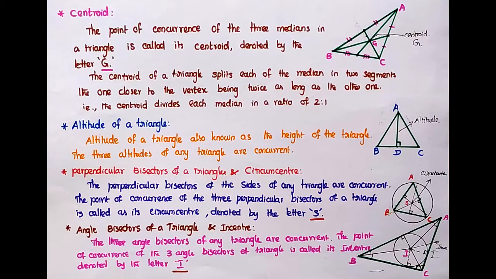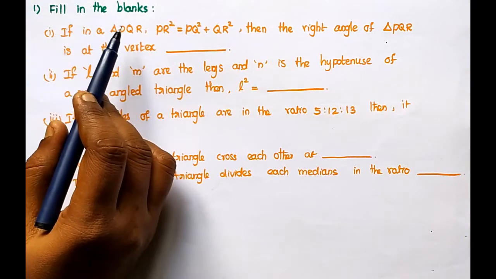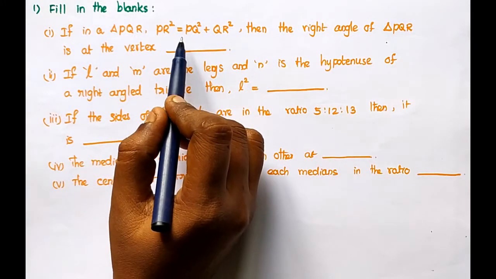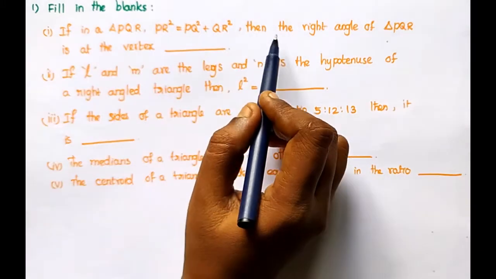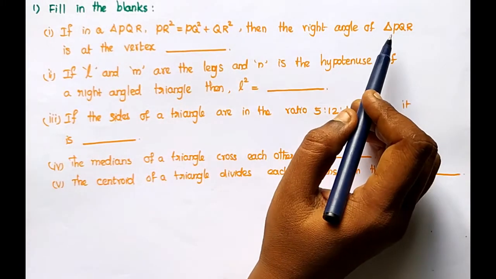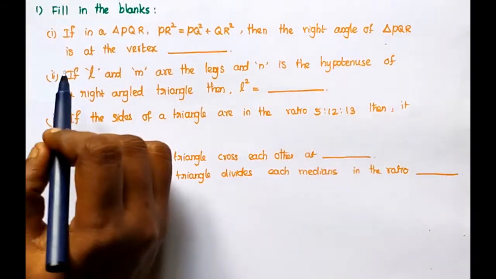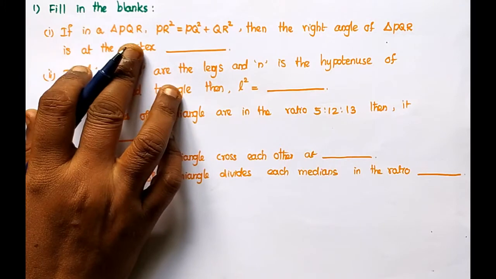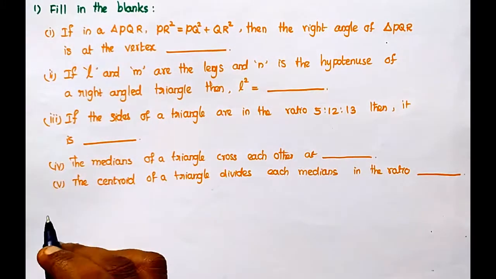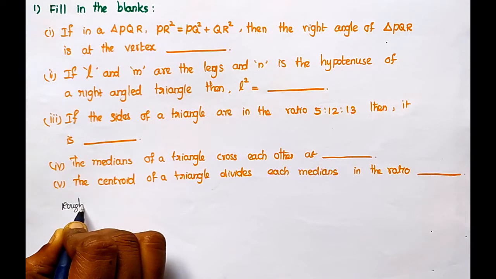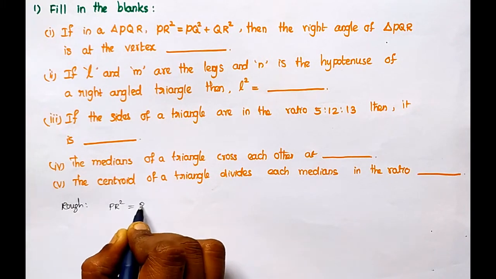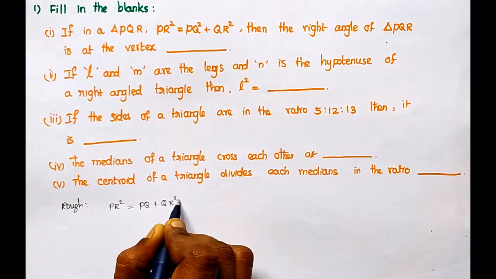So now let us see the exercise sums. First question, fill in the blanks. First one, if in a triangle PQR, PR square equals PQ square plus QR square, then the right angle of triangle PQR is at the vertex dash.